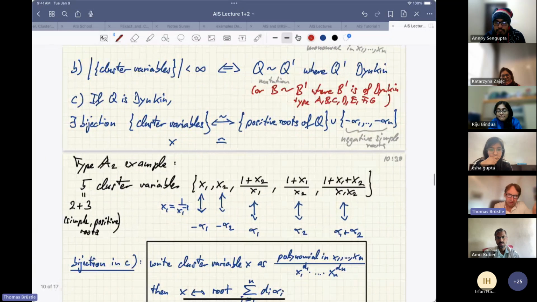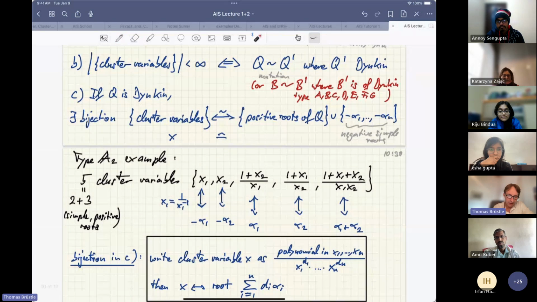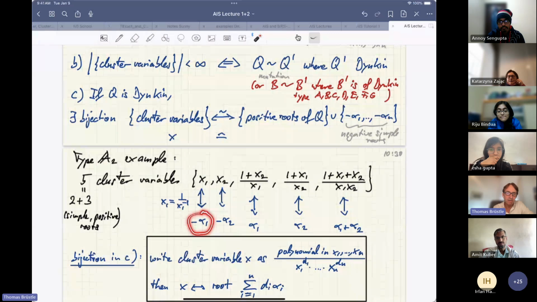You can kind of force this formula to still be true for the initial variables. I mean, if I cheat a little bit, I can write x1 as 1 over x1 to the negative 1, if you allow me to do so. And then the exponent would be minus 1, so this should correspond to the simple root minus alpha 1.